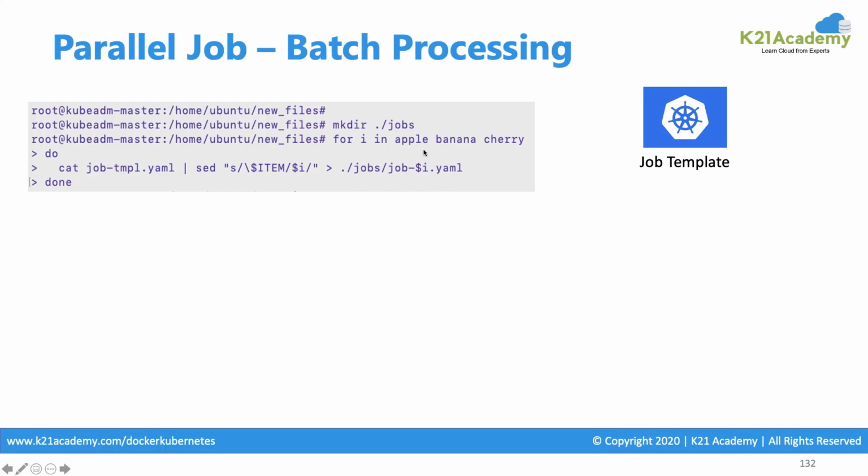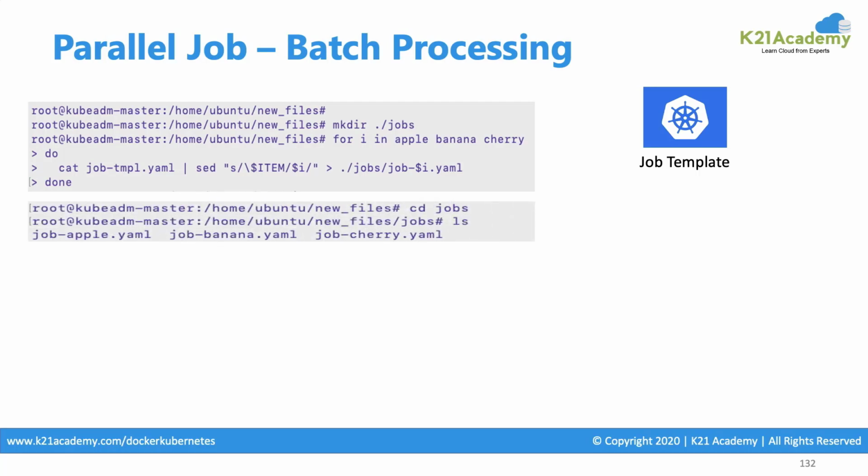So you are creating several YAML files which will actually go ahead and create the jobs when we execute the kubectl command. So you would be executing kubectl commands only when you have created several job manifest files like this.